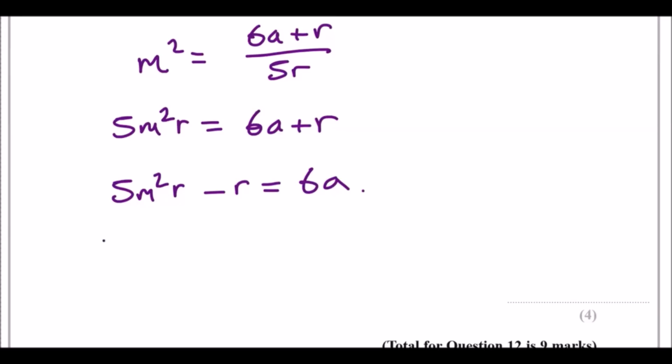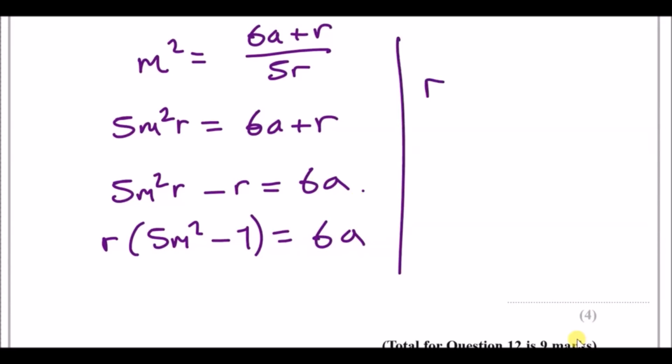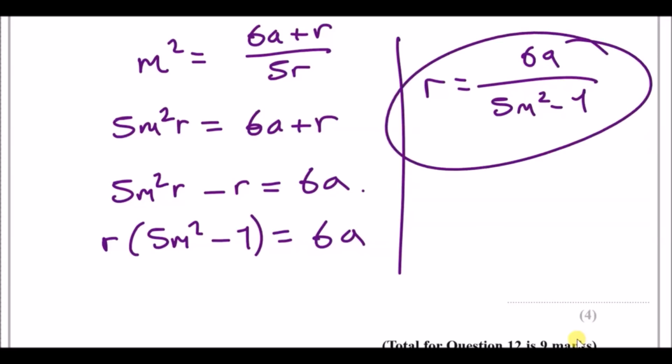You're left with 5m squared minus 1, because r divided by r is 1, equals 6a. Finally, to isolate r, let's divide this big term across. So r equals 6a divided by 5m squared minus 1. And that's it, guys.